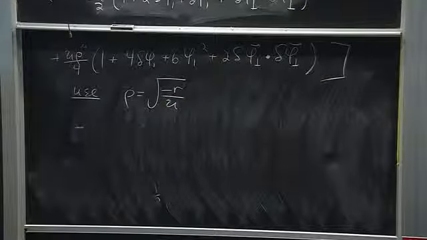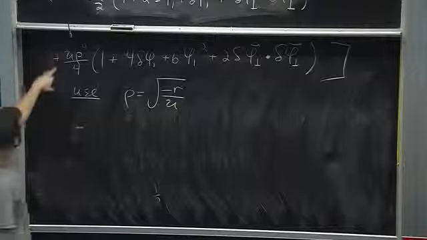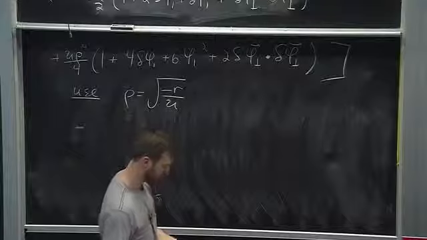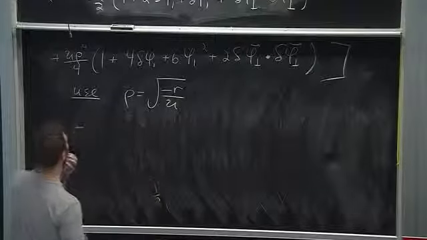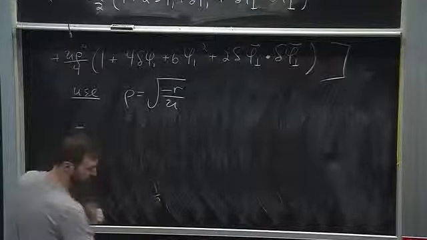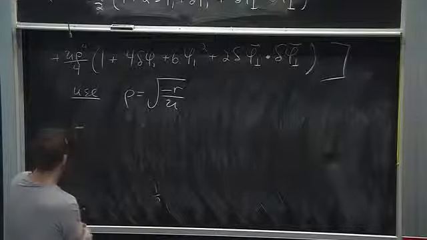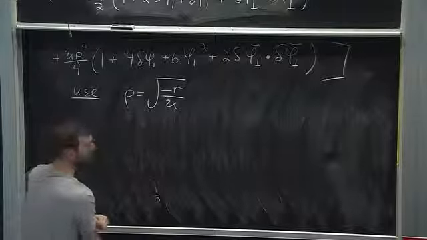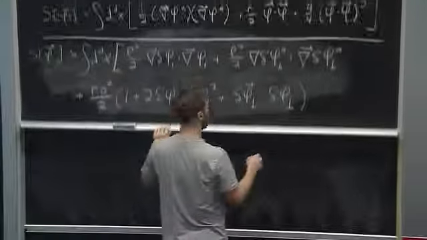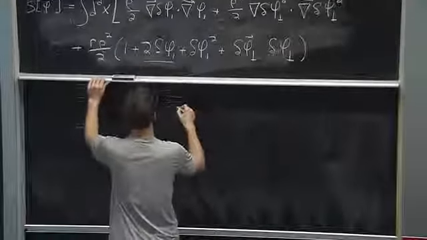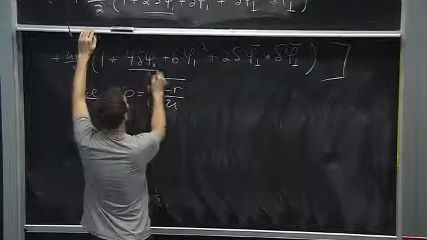Use the mean field solution for the magnitude of the order parameter. So we square that here. Power 4 there. So let's look at some of these terms. There's two that should vanish. I think it's this one. So let's look at this term, which occurs here and here.